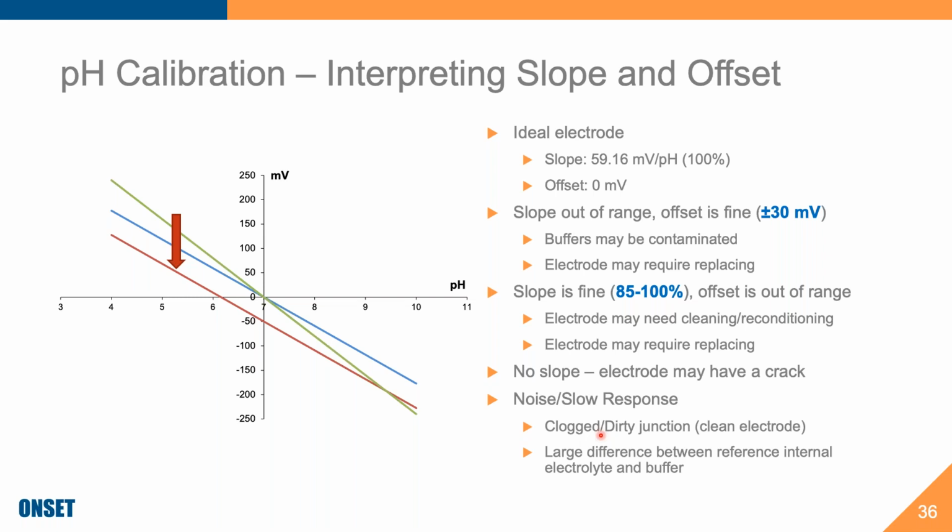And if you have any cracks, or if it's dirty, or if your junction is dirty, you're going to have slow readings, slow responses. And for those people who are logging pH, you want an electrode that is clean, especially the junction, because if you're logging every minute, for instance, which would be somewhat excessive, your response time might be longer than that minute. So making sure that electrode stays clean is rather important.